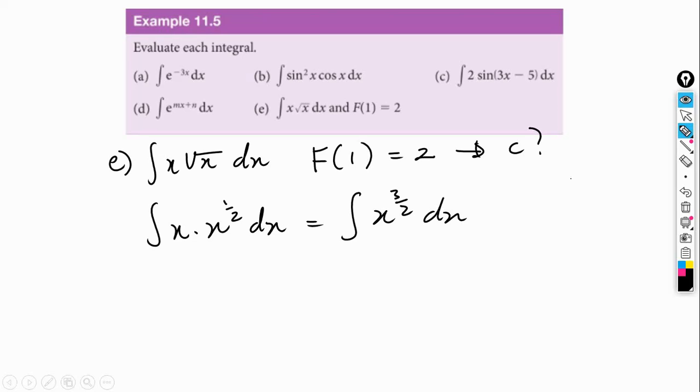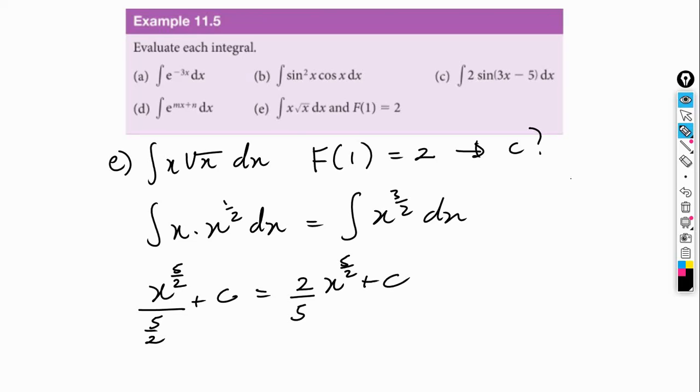And then this is a simple integration where all we have to do is apply the power rule, right? So all we have to do is add 1 to the exponent and divide by that number. So we're going to get x to the power of 5/2 divided by 5/2 plus c. And then this is equal to 2/5 times x to the power of 5/2 plus c.